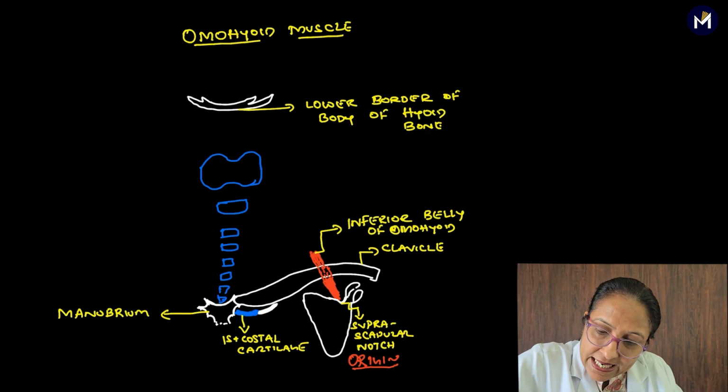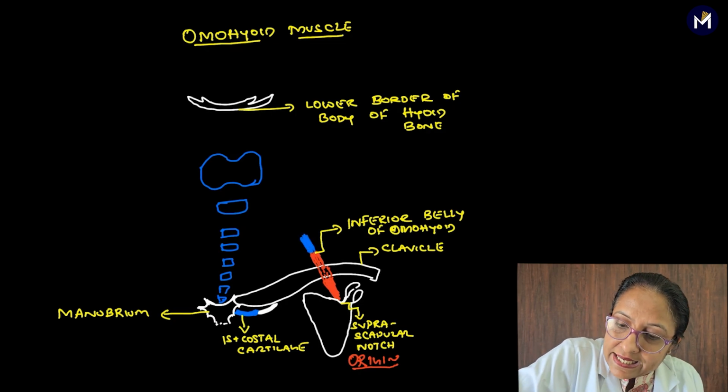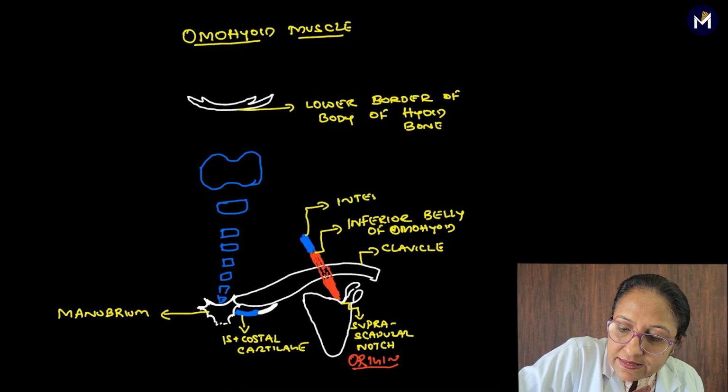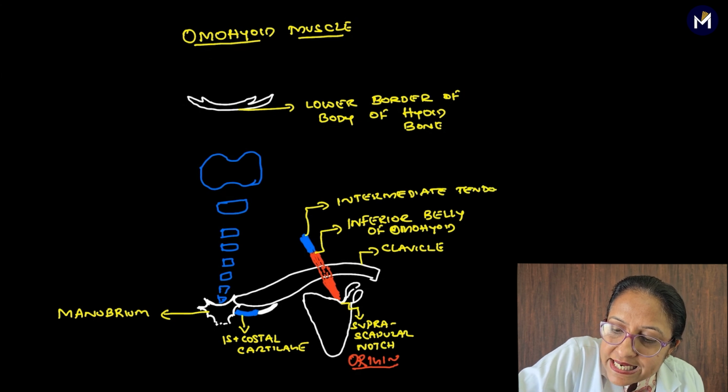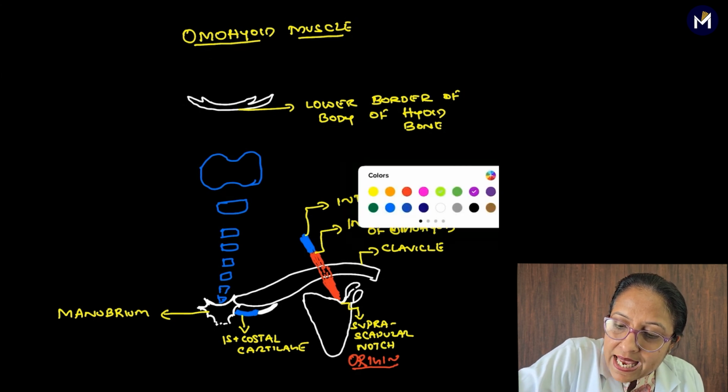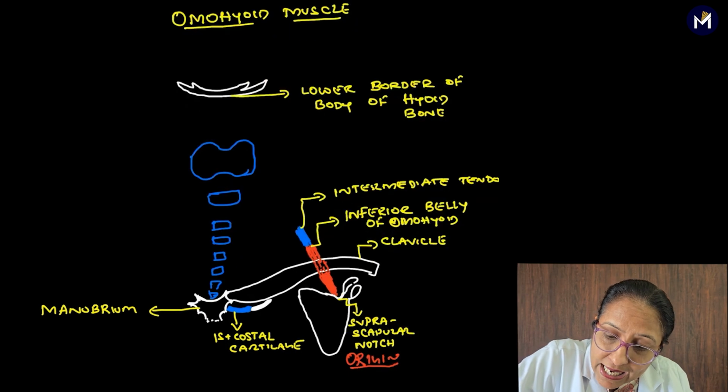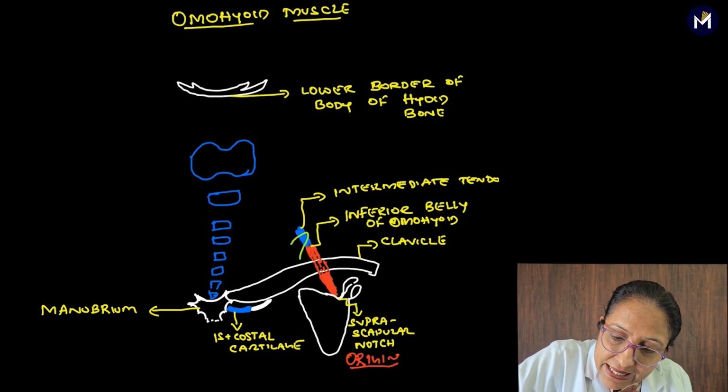This belly continues as an intermediate tendon. So label this as intermediate tendon. This intermediate tendon is held to the clavicle by a pulley. This is the pulley. This pulley is derived from investing layer of deep cervical fascia.